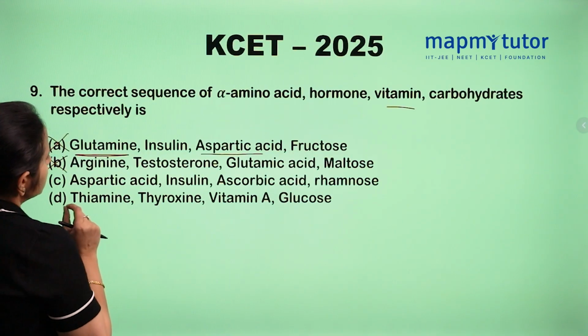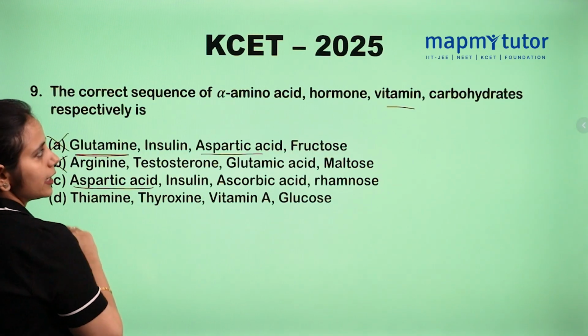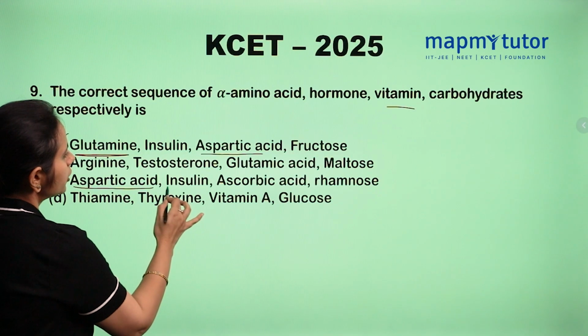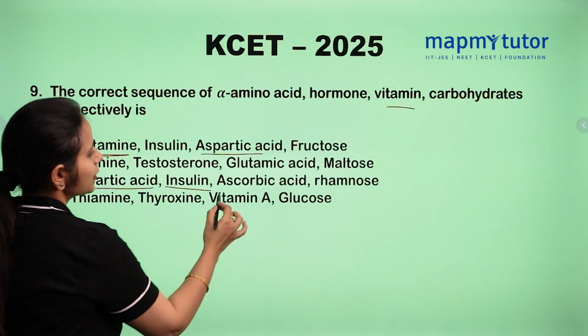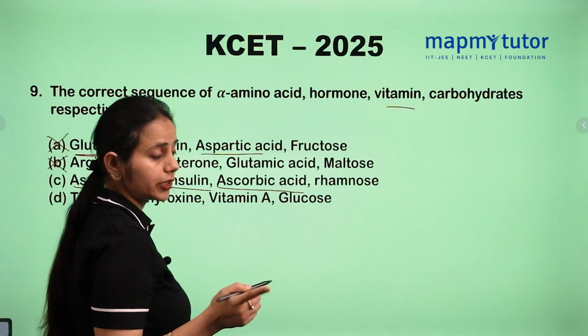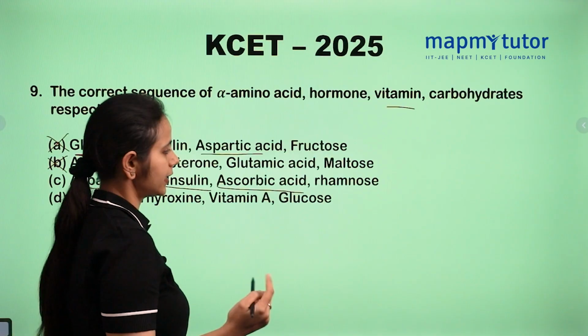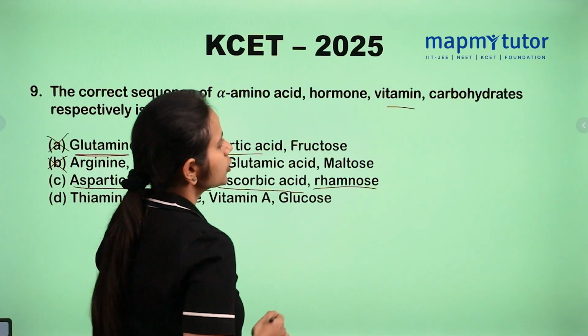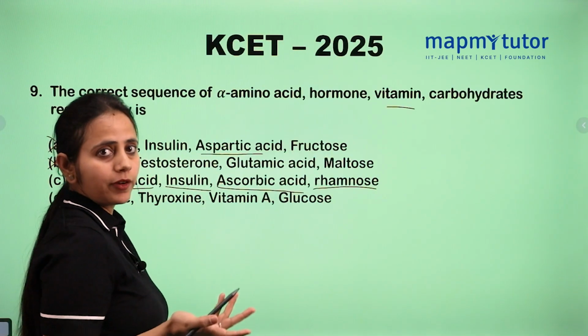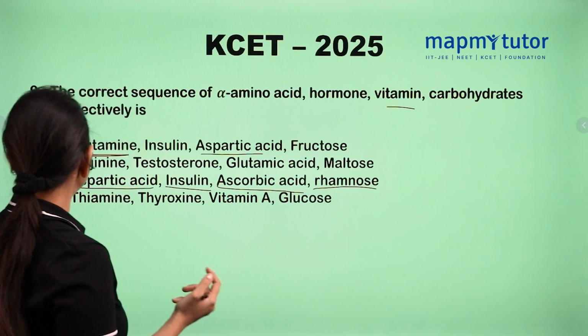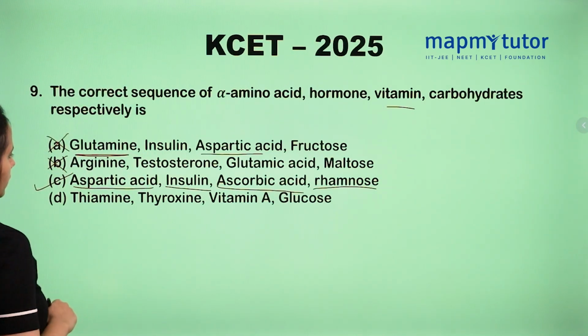Next is C. Aspartic acid is an alpha amino acid, right? Insulin is a hormone, true. Ascorbic acid is a vitamin, right? Vitamin C is known as ascorbic acid. And rhamnose is also a carbohydrate. It is an alpha sugar. So this is the right option.